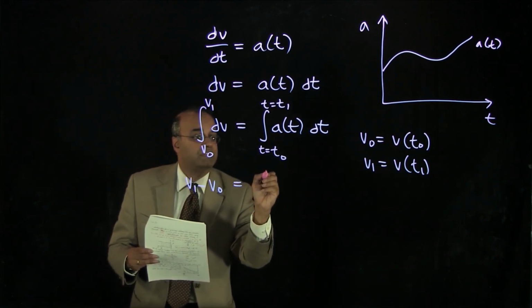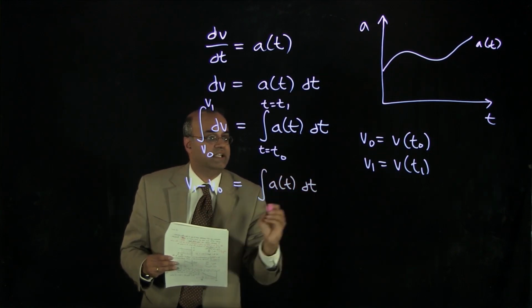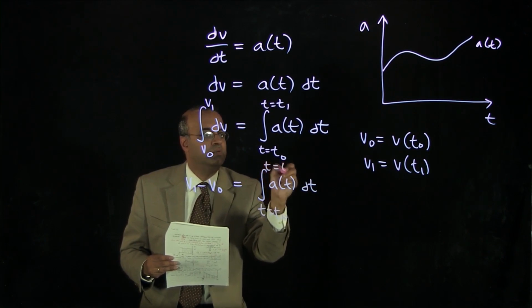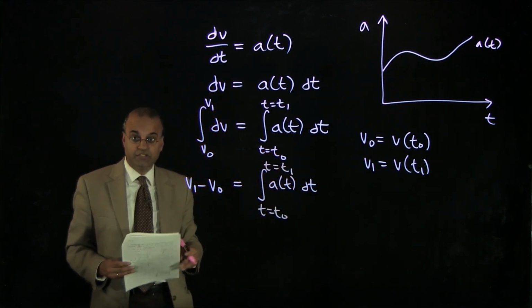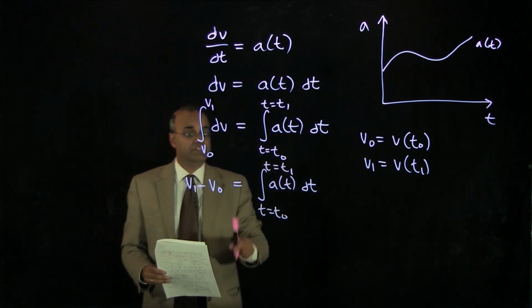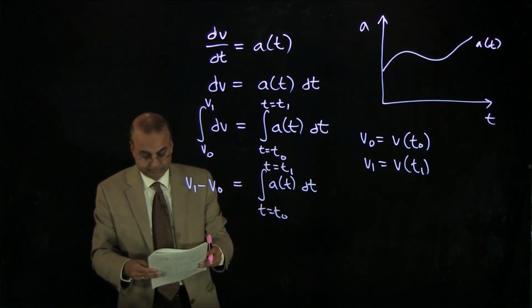And so that's just the integral of a of t dt from t equals t naught to t equals t sub 1. So again, this shows us that the change in the velocity from time t0 to a later time t1 is equal to the definite integral of a of t over that interval.